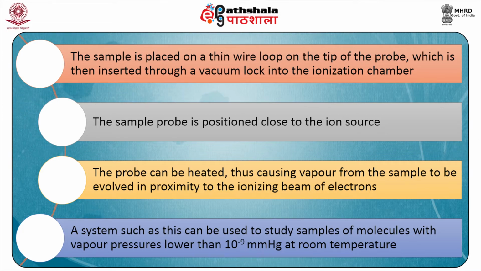The sample probe is positioned close to the ion source. The probe can be heated, thus causing vapor from the sample to be evolved in proximity to the ionizing beam of electrons. A system such as this can be used to study samples of molecules with vapor pressures lower than 10^-9 millimeter of mercury at room temperature.